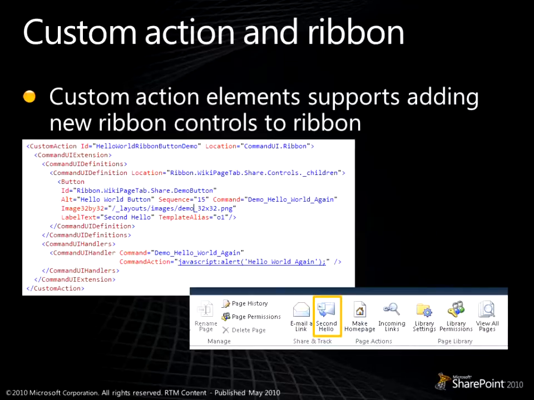In this example, we define a new second hello button to be visible on location ribbon.wikipage and so on. The location attribute defines the page and ribbon location where the button or ribbon control is placed. Notice also how we create the UI handler in the XML, which will handle the click events for the newly available button.